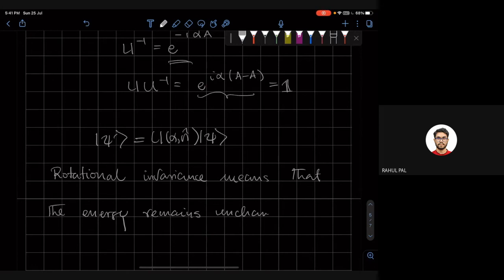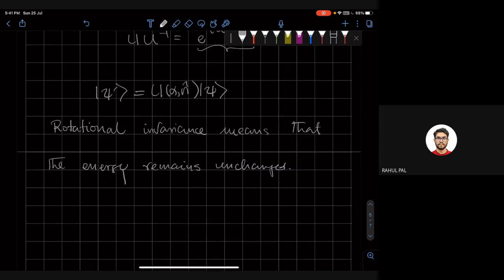Okay. So that means that if I compute the expectation value of the Hamiltonian with respect to the changed state, that should be the same as the expectation value of the Hamiltonian of the state before rotation.